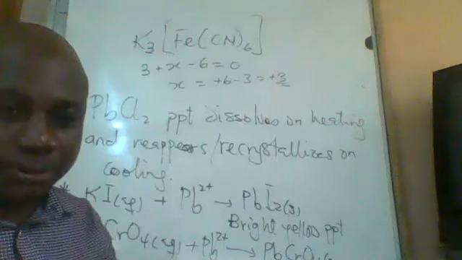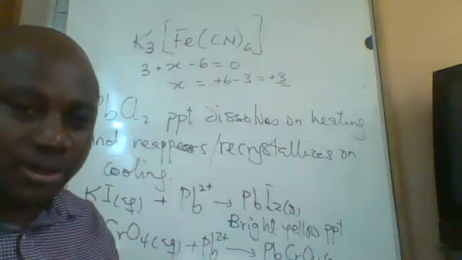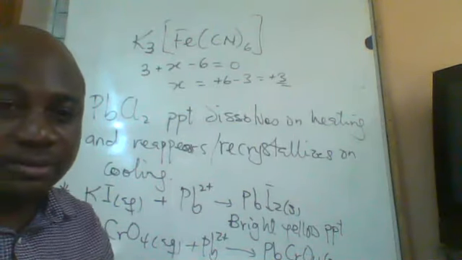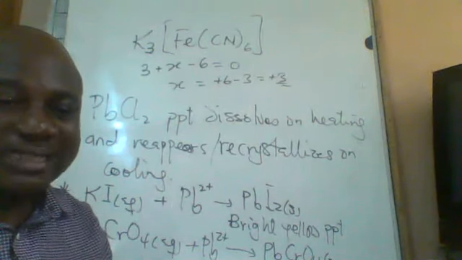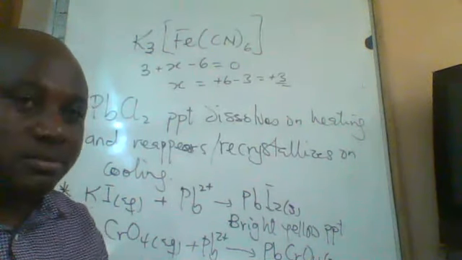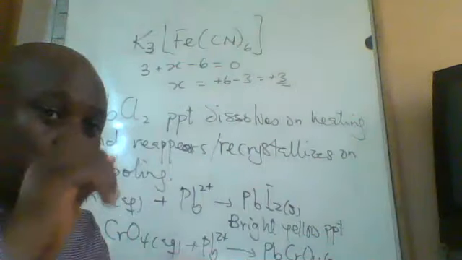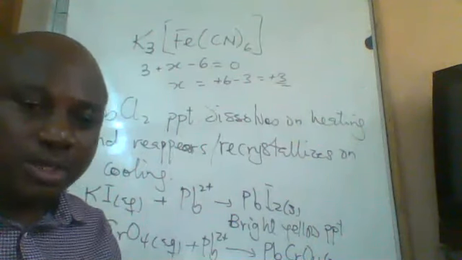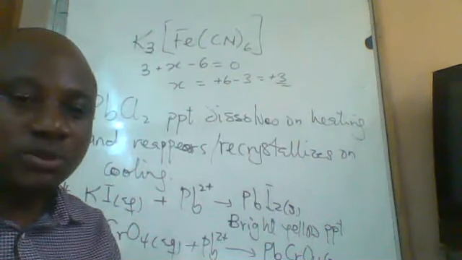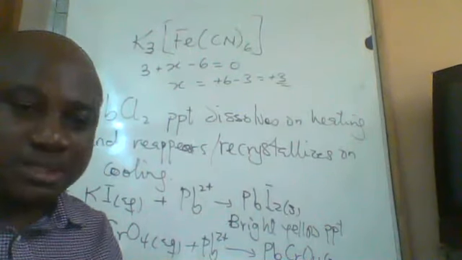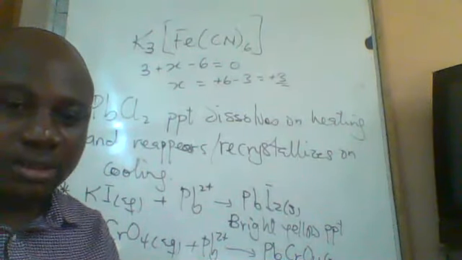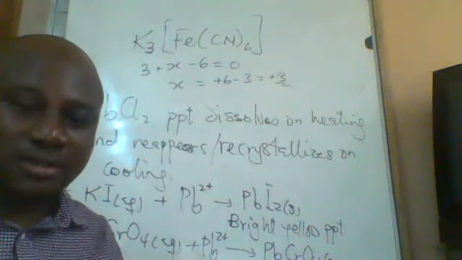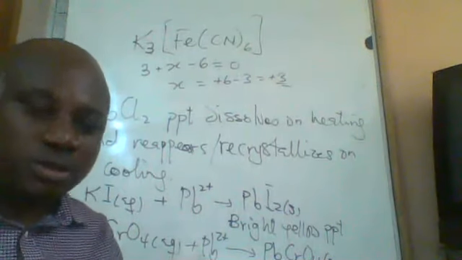Now, when it comes to iron, we can use the potassium hexacyanoferrate 3. That one will give us dark blue PPT. When you are confirming iron 2, Fe2+, potassium hexacyanoferrate 3 can be used, and that one will give you dark blue PPT, very dark. If you don't take time, you might see it as though it's black, but when you shake it, then you see it to be blue.